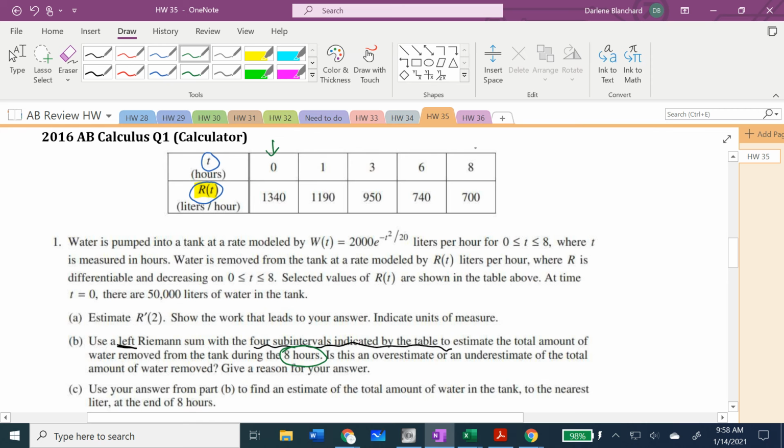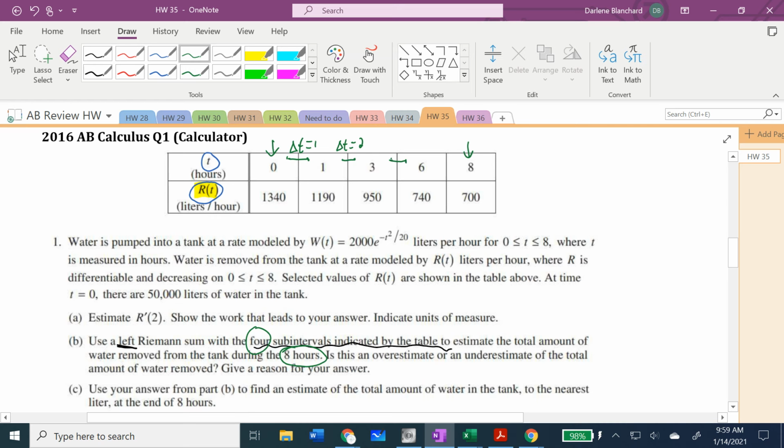So from time 0 to time 8, 4 subintervals indicated by the table mean you're going to look at a delta t of 1 in between these 2 t coordinates, a delta t of 2 from 1 to 3.